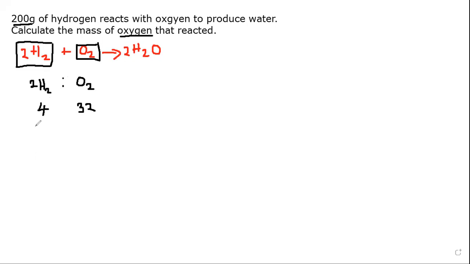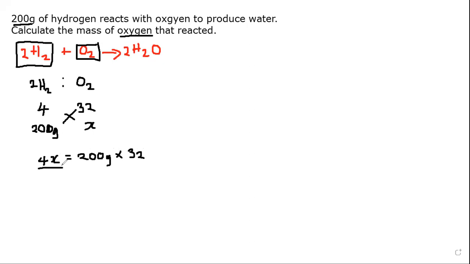Then if we are given 200 grams of hydrogen, we say X. Once we cross multiply, we're going to have 4X is equal to 200 grams times 32.